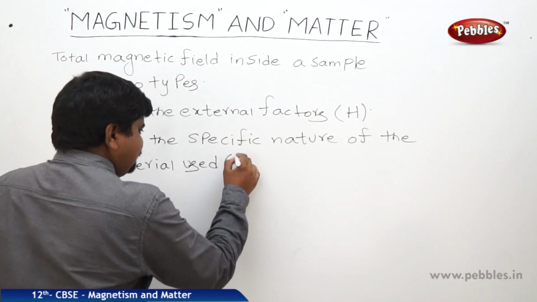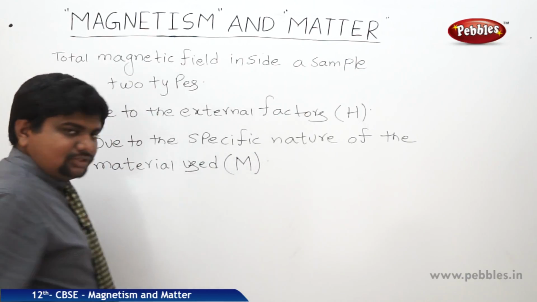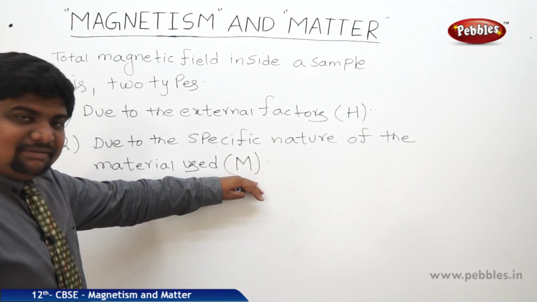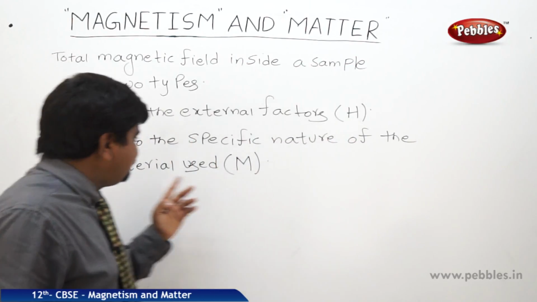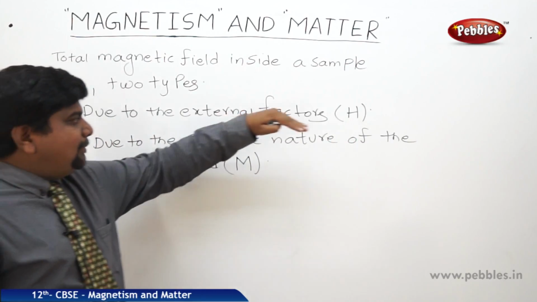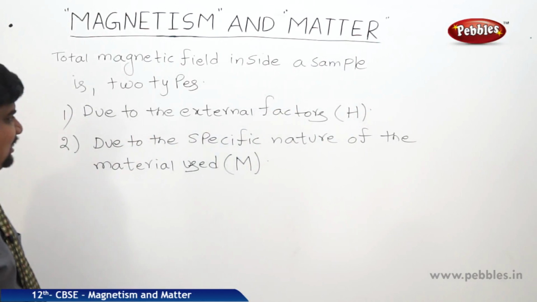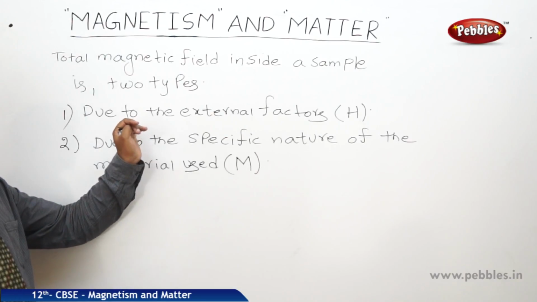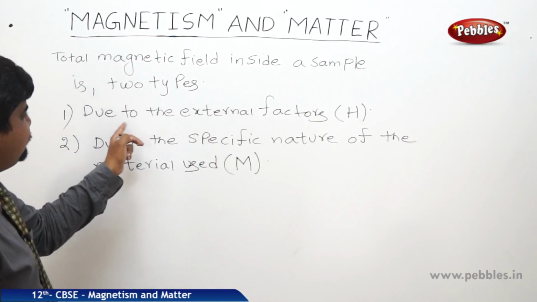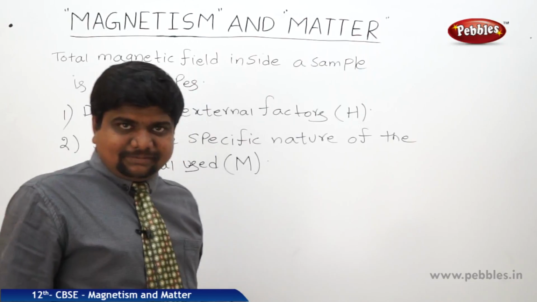This is represented by M, magnetization. So magnetization is nothing but the magnetic field due to the specific nature of the material used, and magnetic intensity H is the magnetic field due to the external factors.